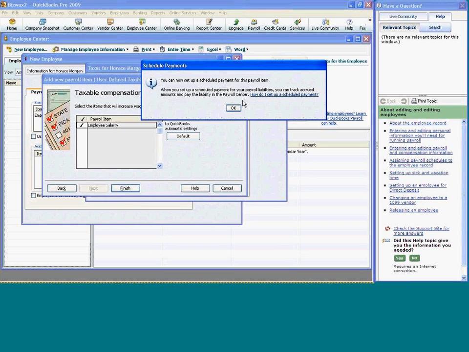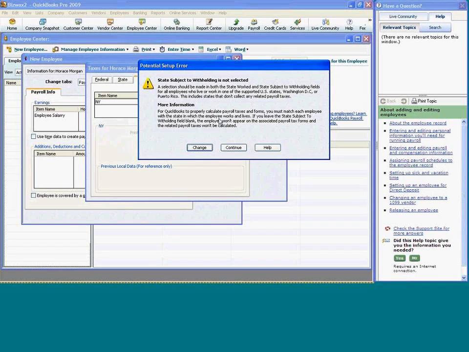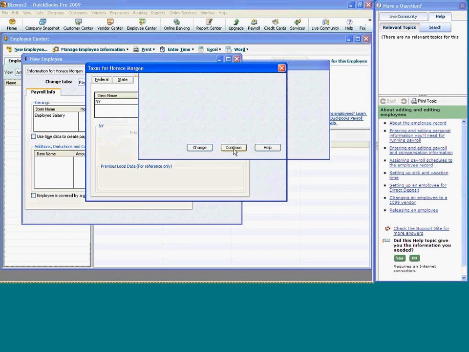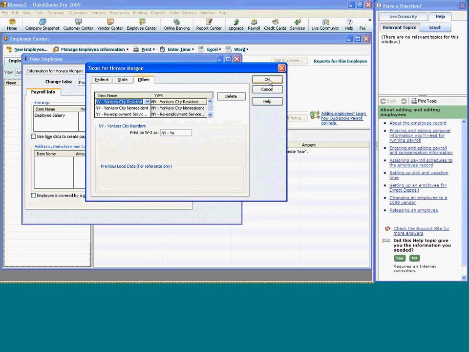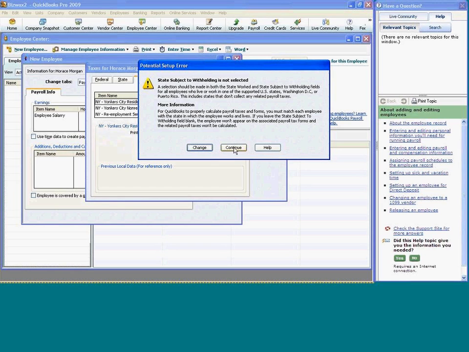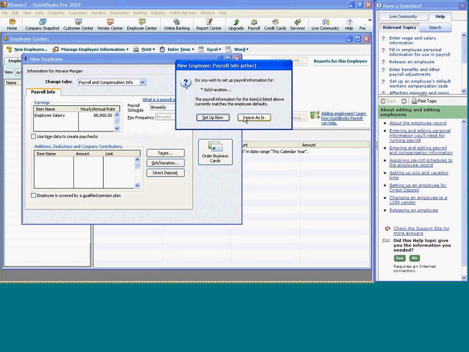Okay, and finish. Okay, and the taxes is over there, and it's all done. Okay, so over here we set up the schedule for a person to pay for New York and all those other nice things over there. The $80,000 salary is paid bi-weekly, and the checks will automatically be cut.